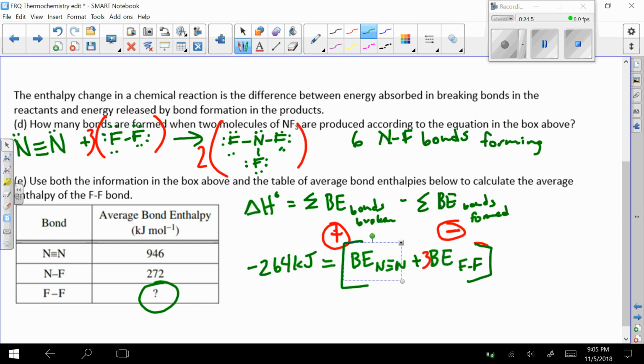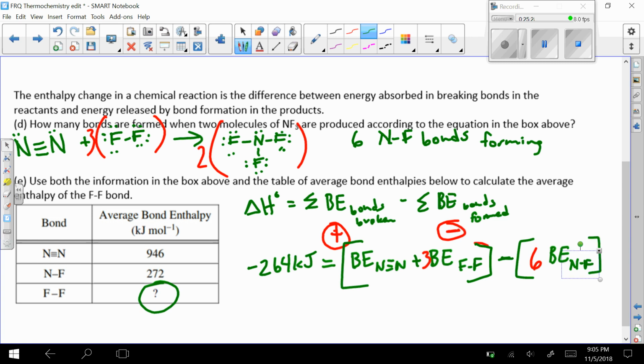Now, that's going to be positive. All the bonds that we're forming are going to be negative. We only have one kind of bond being formed in the products, and we have six of those, six of the nitrogen-fluorine bonds being formed. And so we put that in there.